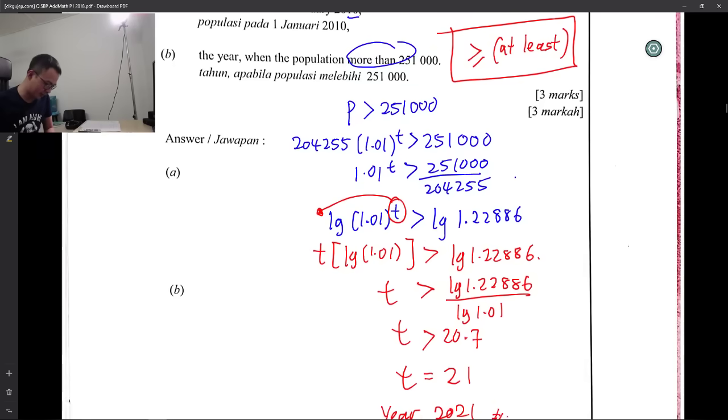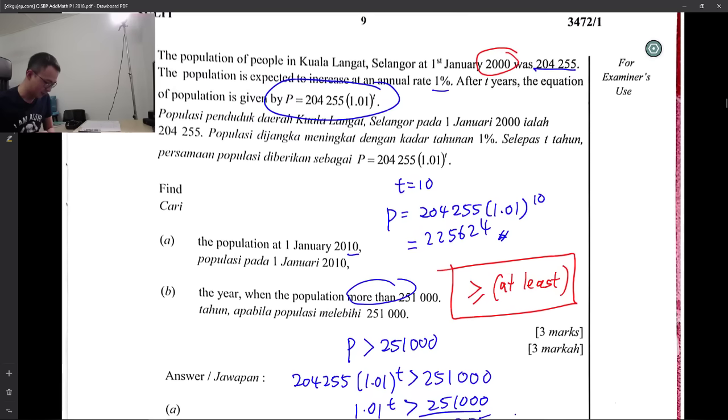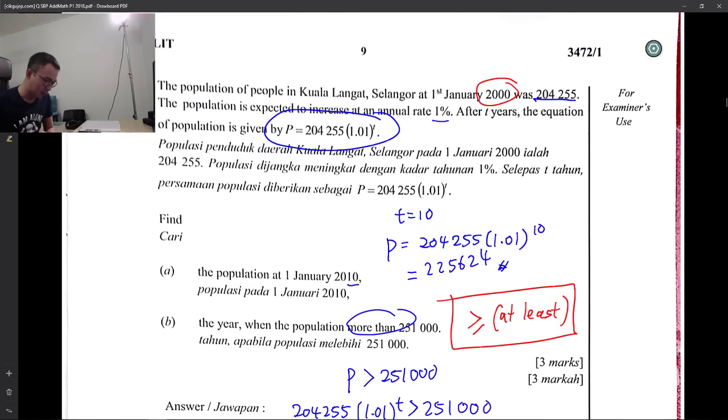Why not 9? Why is the value of t 10, not 9? It's because it's the first day of January. Some students might think this value could be 9.